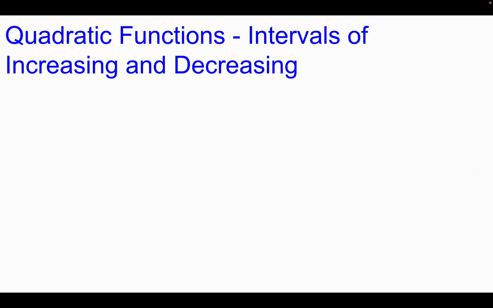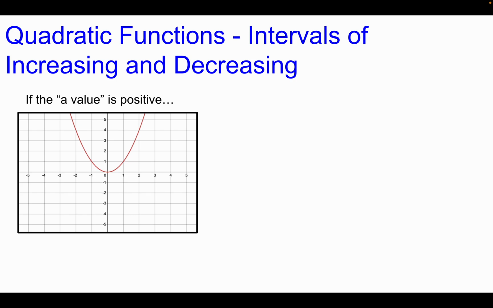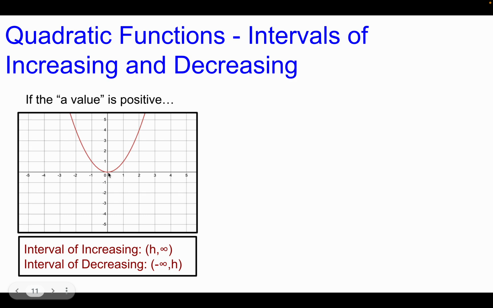Okay. And then intervals of increasing and decreasing. So if the a value is positive, the graph will look kind of like this, like a U shape. And it'll have a vertex right here. And so your interval of increasing will be from h to infinity.